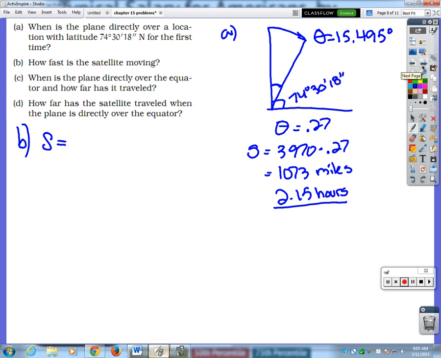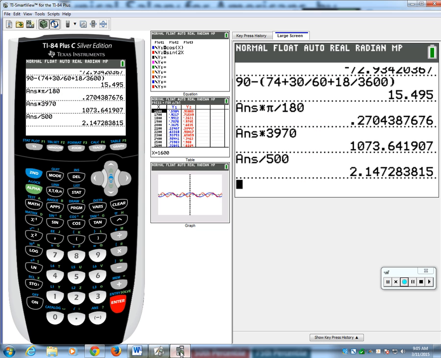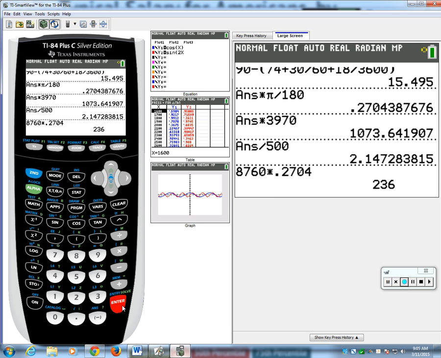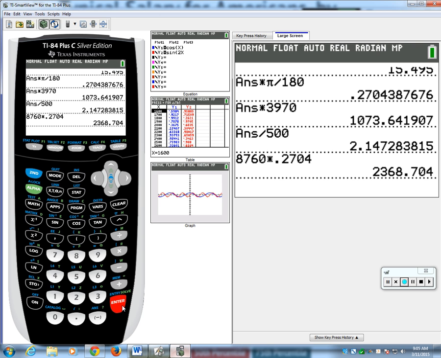So the radius is 8,760 miles times the angle, which is 0.27. Accuracy is exciting. So 8,760 times 0.2704 means that in that time the satellite will have traveled 2,368 miles.